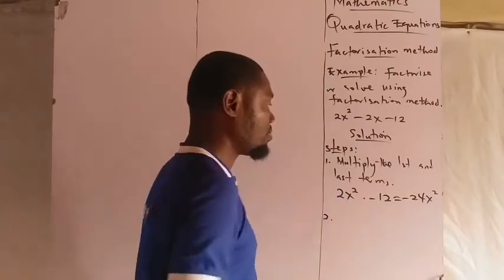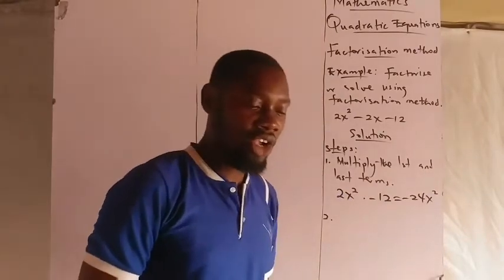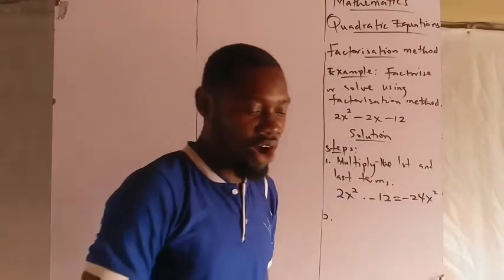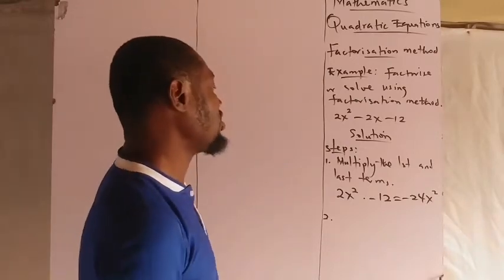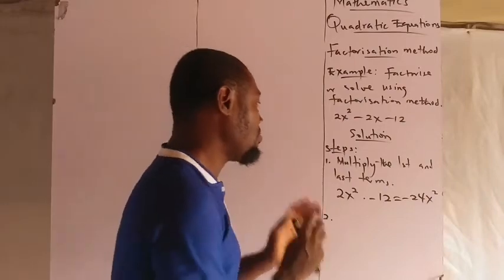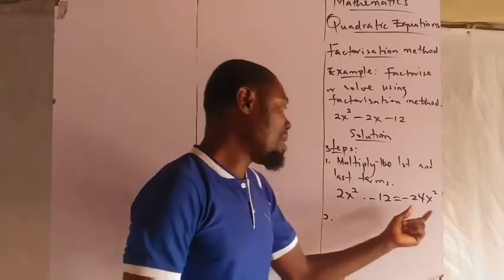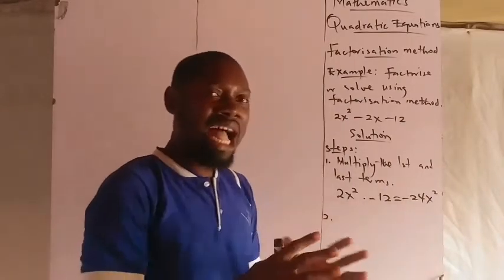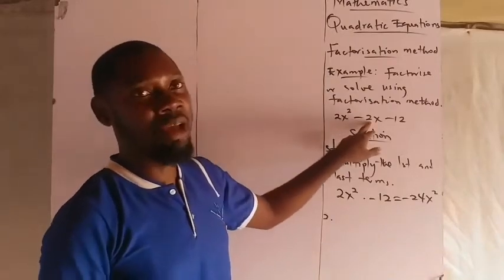Step two: find the factors of minus 24x squared such that if you multiply them, you get minus 24x squared, and if you add them up, you get the middle term.